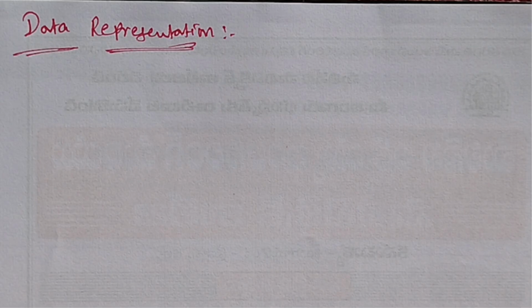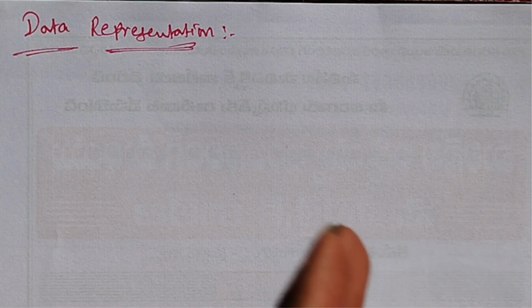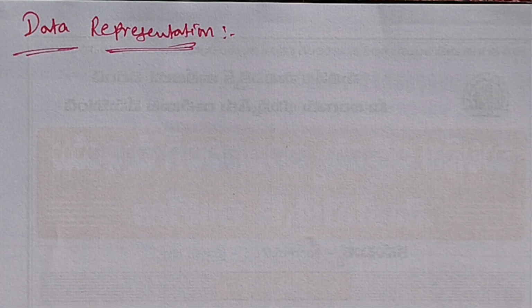In today's class, we'll discuss data representation in the subject of computer network. What is the meaning of representation? Here, data representation means what type of data we are using. Information today comes in different forms such as text, numbers, images and audio.